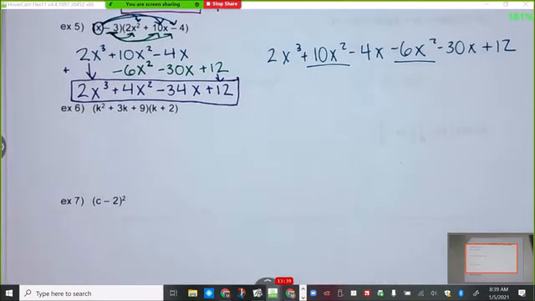Now, what's different about number 6? It's flipped. Do you think that changes anything? No. Okay, I'm not going to do the full problem, but I'm going to explain something to you. Does multiplication order matter? No. What's 2 times 3? What's 3 times 2? So did it change anything?